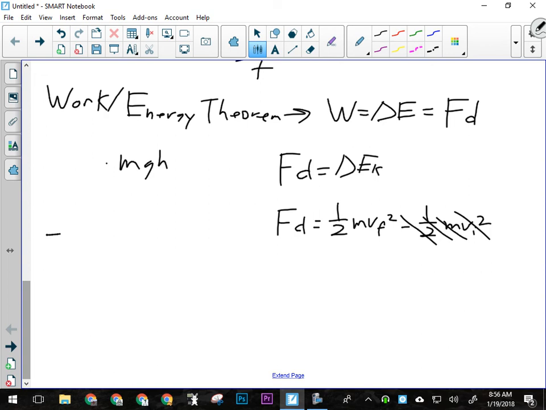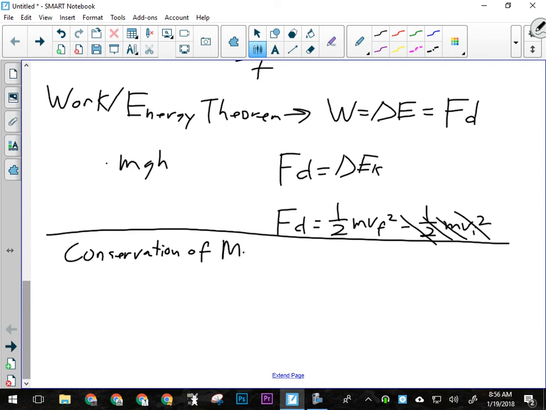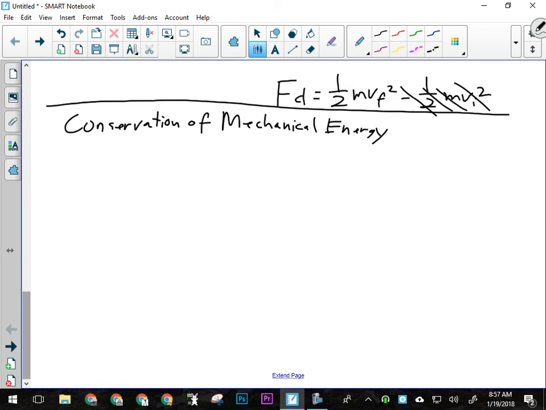All right, so next thing, conservation of mechanical energy. In a conservation of mechanical energy question, our initial energy equals our final mechanical energy, right? And what two forms of energy add up to get mechanical?